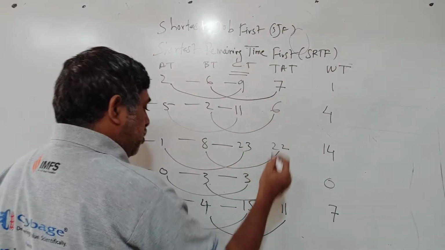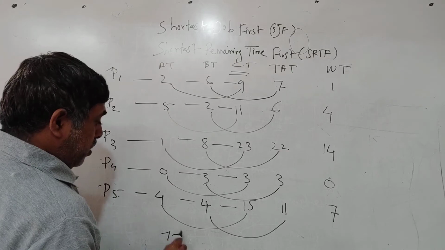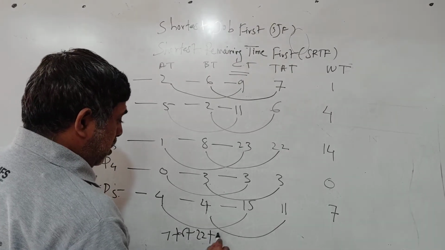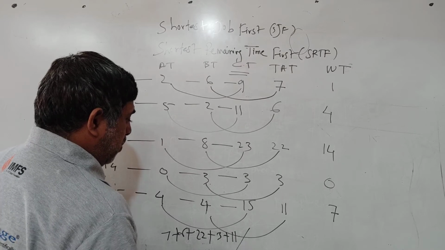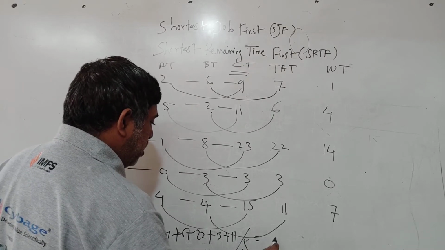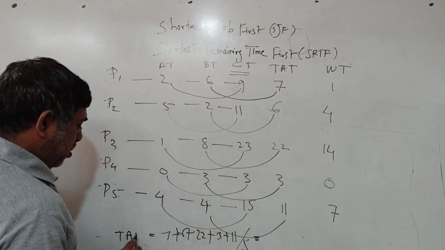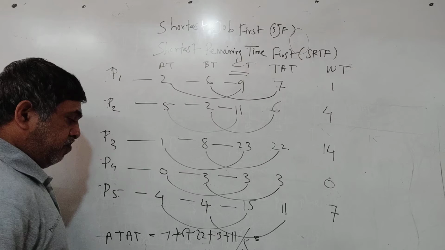You have to add these values, 7 plus 6 plus 22 plus 3 plus 11 divided by 5. That will give you the average turnaround time.